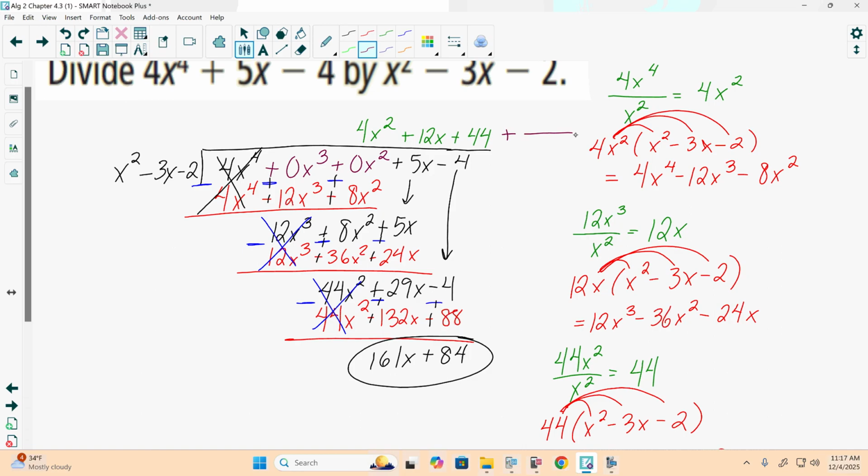And since we do have a remainder, we do have to add that back onto our answer, telling us that we have 4x squared plus 12x plus 44 plus 161x plus 84 over x squared minus 3x minus 2.